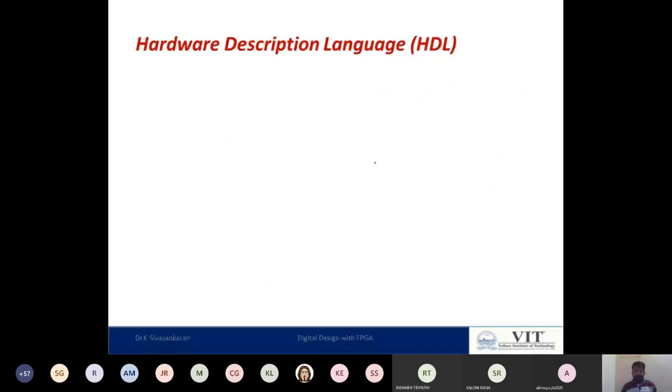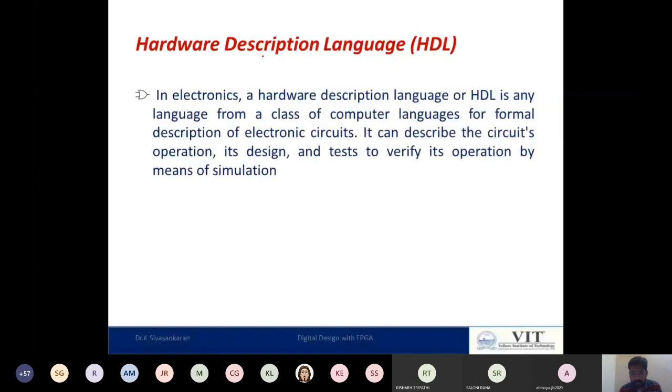In this course, we are going to do HDL. So what is this hardware description language? In electronics, a hardware description language or HDL is any language from the class of computer languages for formal description of electronic circuits, especially digital electronic circuits.